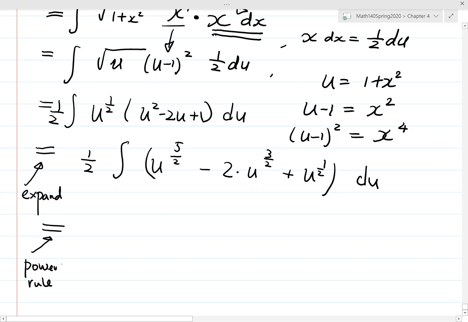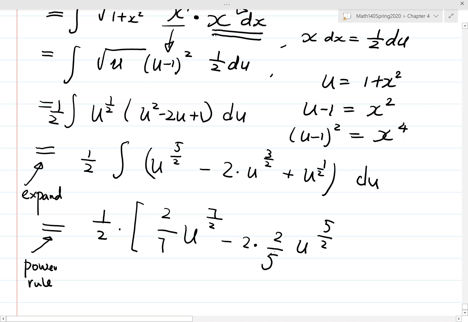Okay, all antiderivative. So this is 1/2 times u to the power 5/2, increase power by 1, 7/2, and then flip. Then 3/2, increase by 1, 5/2, and then flip. Now 1/2, increase power by 1, 3/2, and then flip.